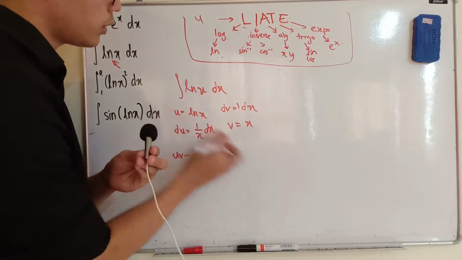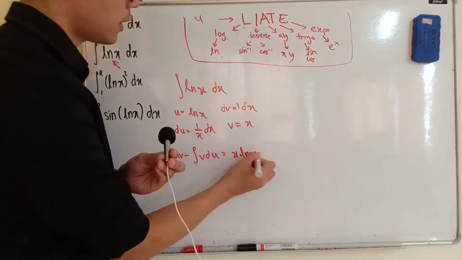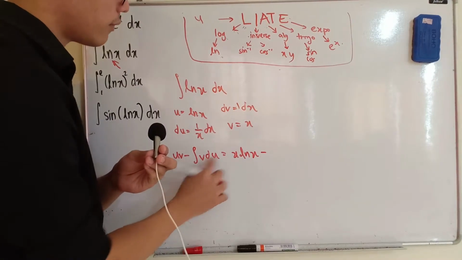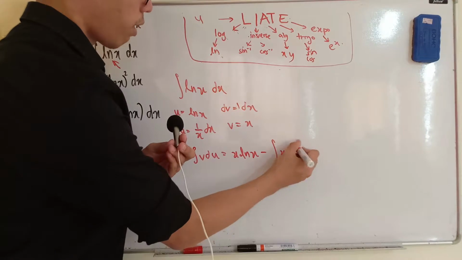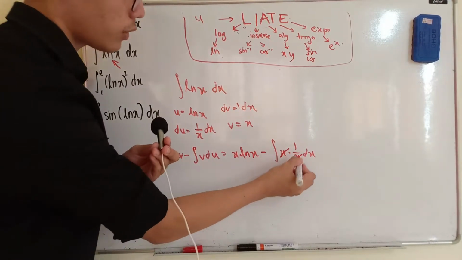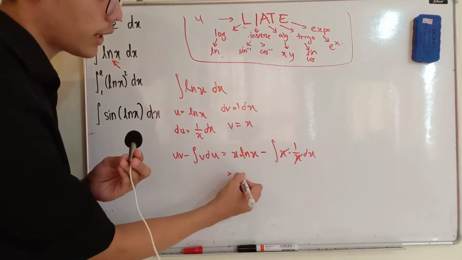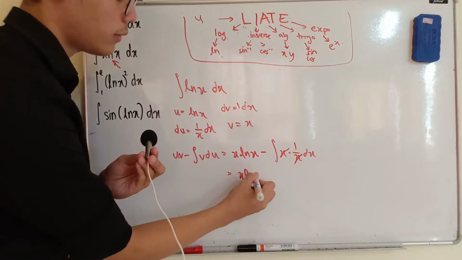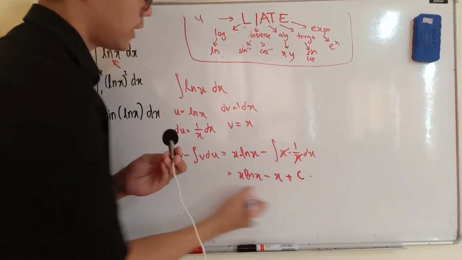So your u is ln s, your v is s, so s ln s, minus integrate v du, 1 over s. So this s and 1 over s you can just cancel out. So integrate 1, going to get s. Okay, so s ln s minus s plus c.